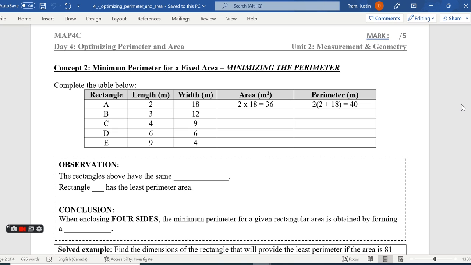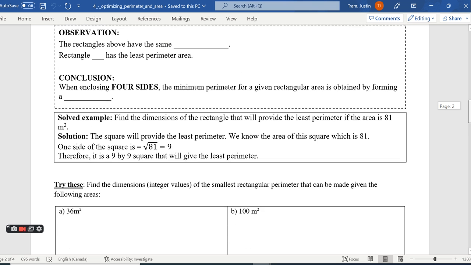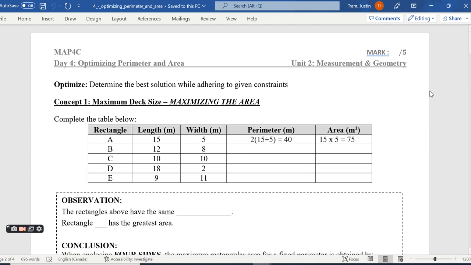Want to minimize the perimeter for a certain area. An example of this could be using the fewest amount of fencing available to fence in a certain area. And in this case, maximizing the area is getting as much area as possible given a certain perimeter. Okay, so let's take a look at this example, a rectangle.